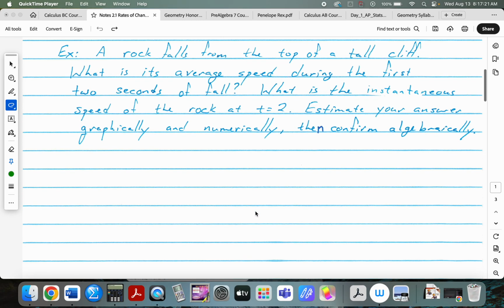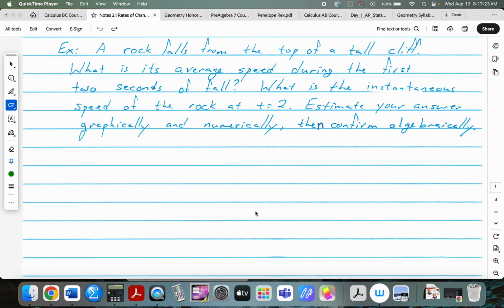So let's take a look at this problem. A rock falls from the top of a tall cliff. What is its average speed? Hang on a second. Come on, seriously.